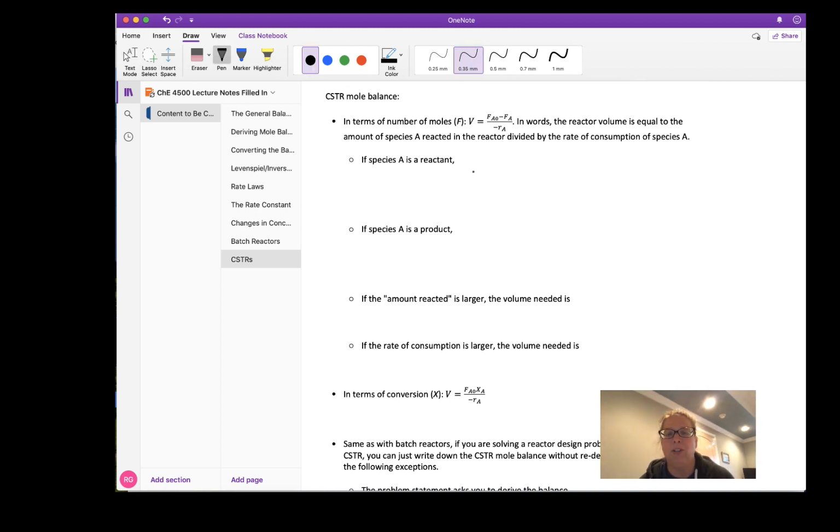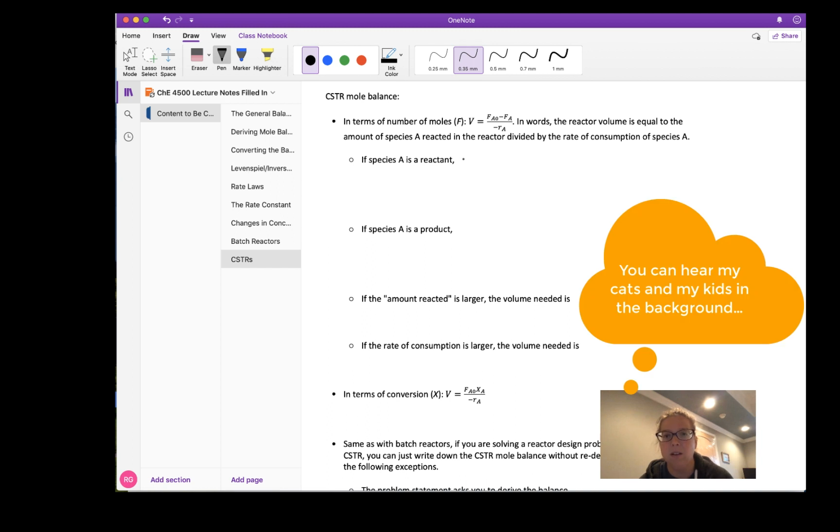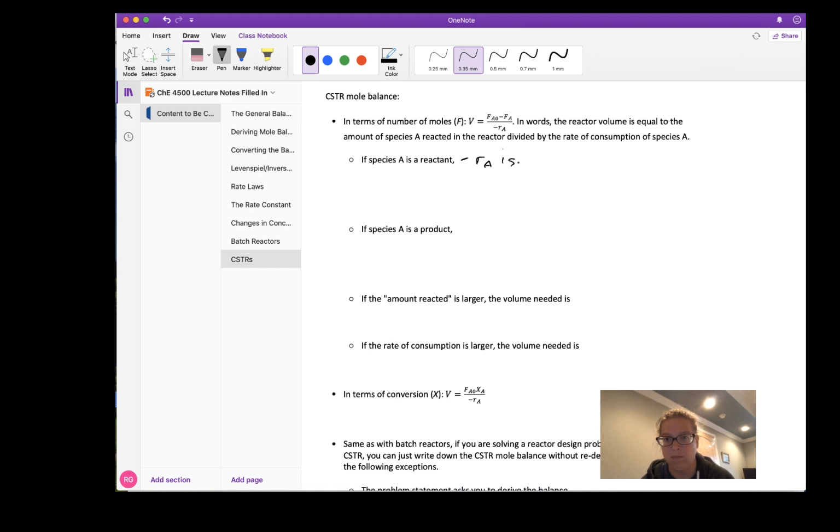So if species A is a reactant, that means the rate of consumption is positive. If species A is a product, that means that the rate of consumption is negative.